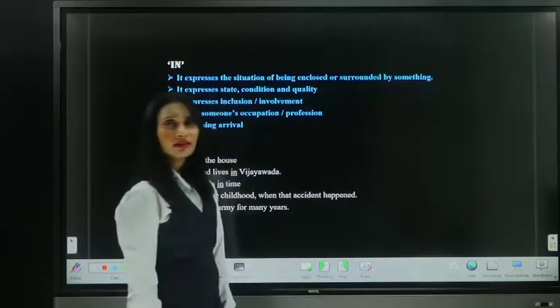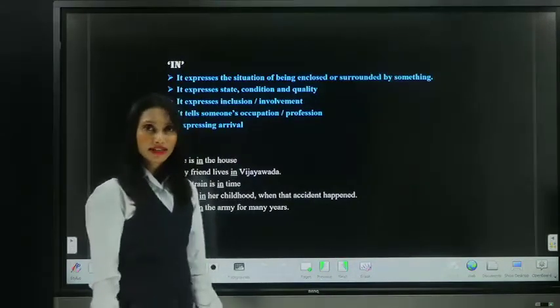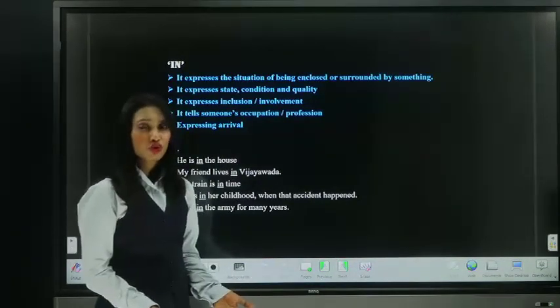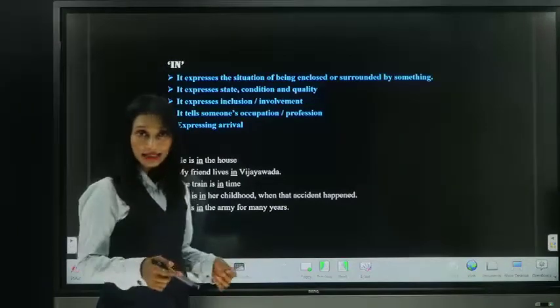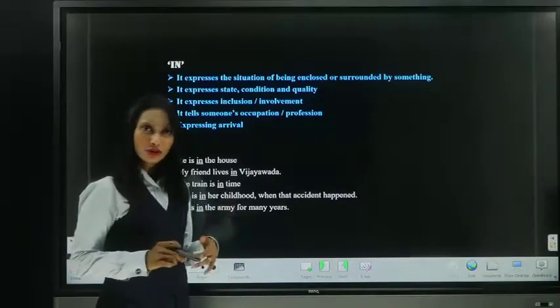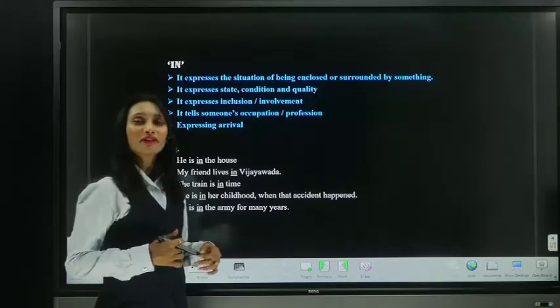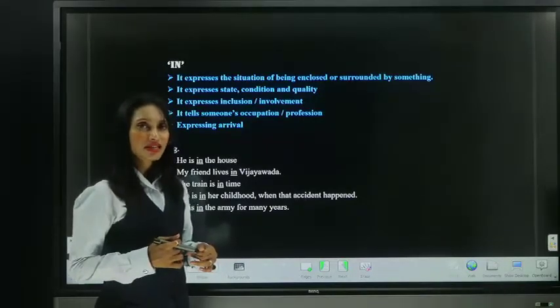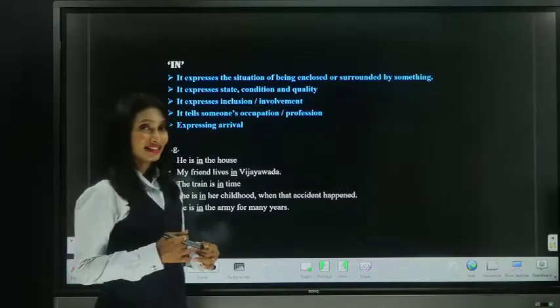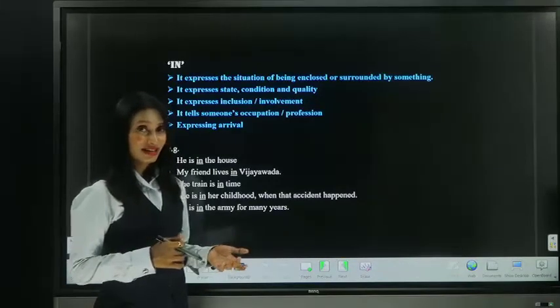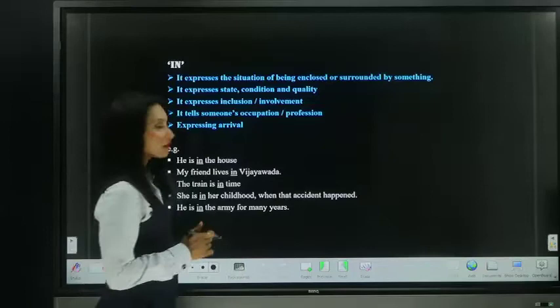"In" doesn't always give the meaning of inside. We are in the classroom. Inside the classroom, that is okay. But we are in India doesn't mean inside India, right, in a country. So let's see the usage of "in".